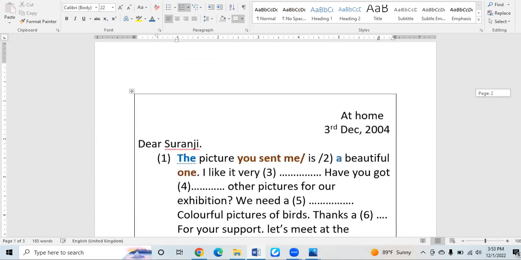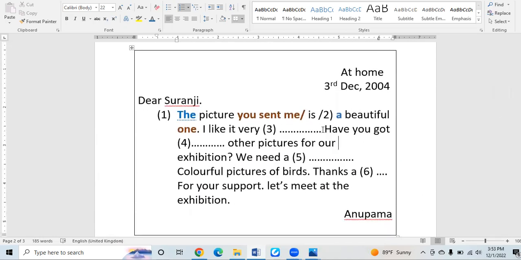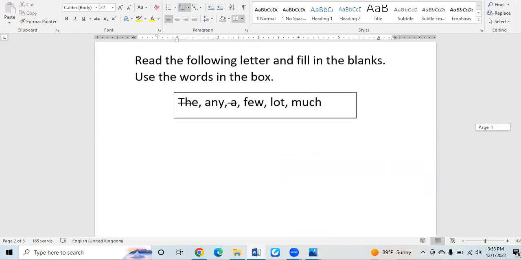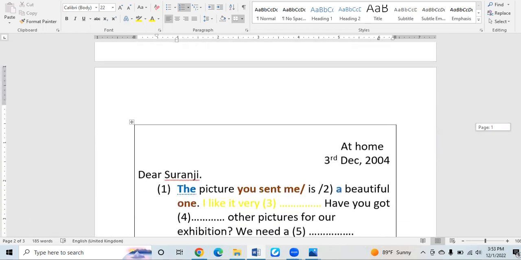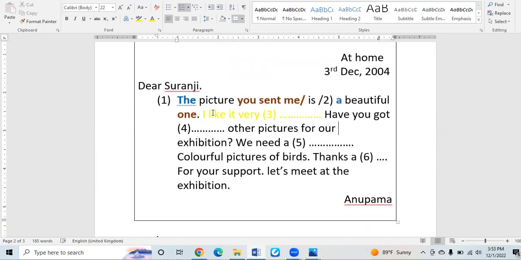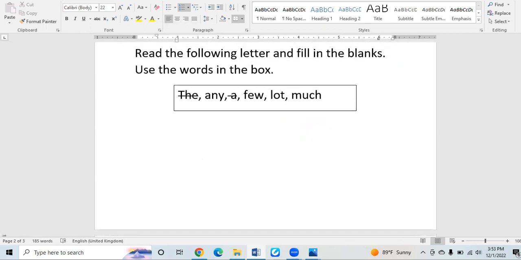Any, if you predict "any", you cannot use it, because this sentence is not a positive question or a negative sentence. So you cannot use "any". And "lot" also you cannot use, because "I like it very lot" you can't say. "Lot" should come in front of a noun, right?